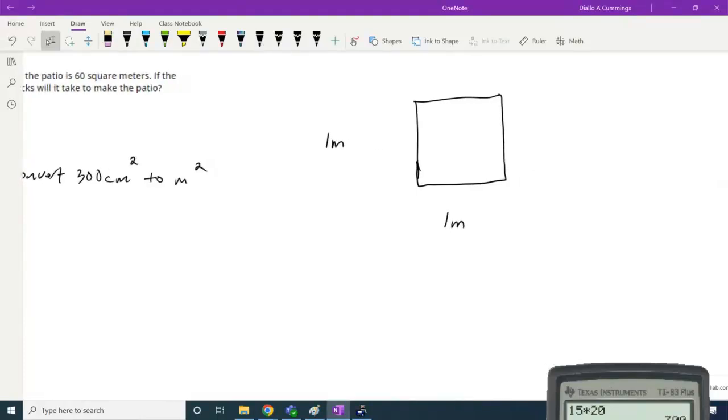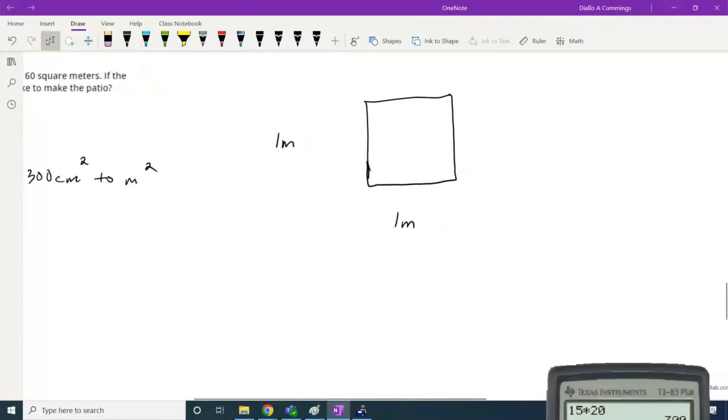So I'm just going to write out the conversion from square meters to square centimeters. So let's just say I have a figure that has 1 meter on each side. If I wanted to find the area, 1 meter times 1 meter is 1 square meter.